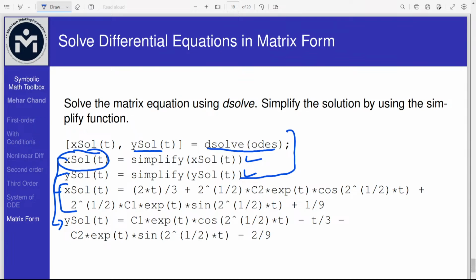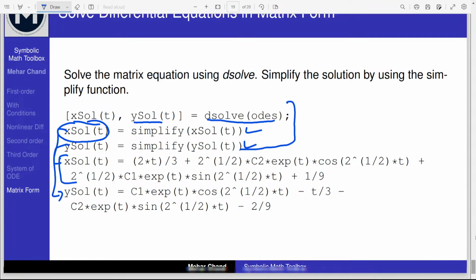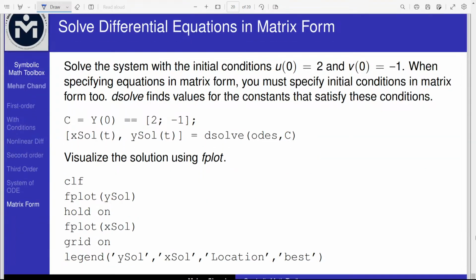And if you are also given initial conditions, you can use them as we did in the previous example. All these examples which we present here are of a similar type, and if you have the initial conditions, you can see here, these are the initial conditions. The conditions will also be stored in the form of a matrix.